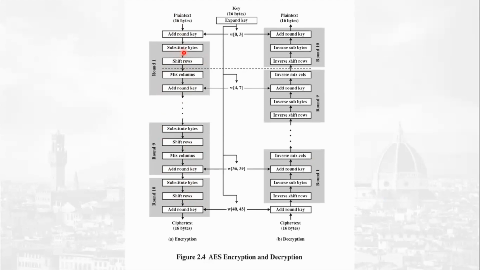You have to use substitute byte, shift rows, mix columns, and the XOR with the key, whatever the key which you are using for that particular round. So there are 10 different keys which you will need for each round, and the keys will be generated by a key generation algorithm.